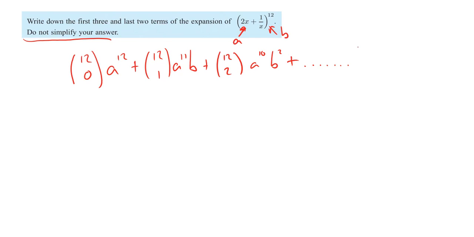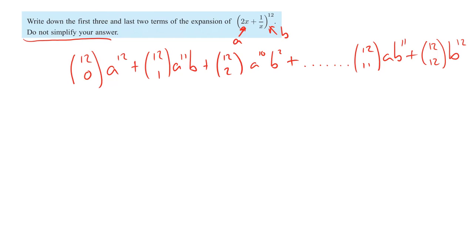The last 2 are going to be 12, 11, a b to the 11, and 12, 12, b to the 12. And I'm only getting these from the fact that I know that relationship as a is going down, b is going up. I've got 12 terms.